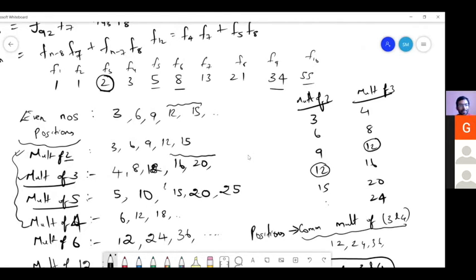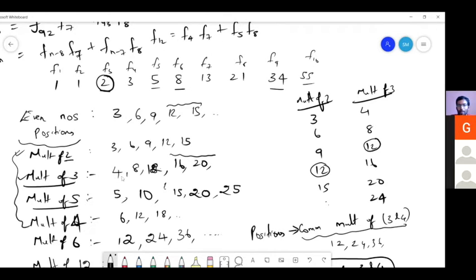Excellent. So if you see, we are looking at multiples of 2 here, and 2 is occurring at the third position. And then all the multiples of 3 have a number which is a multiple of 2. Similarly, we have this 3 here. 3 is occurring in the fourth position, F4.